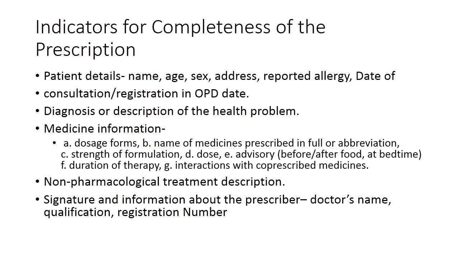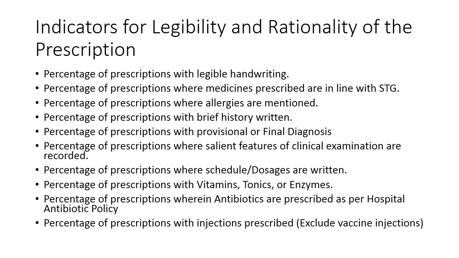Non-pharmacological advice will also be included, for example, what diet should be avoided, what activities should be avoided. Now, signature and information about the prescriber, that is doctor's name, qualification, registration number, will also be counted.